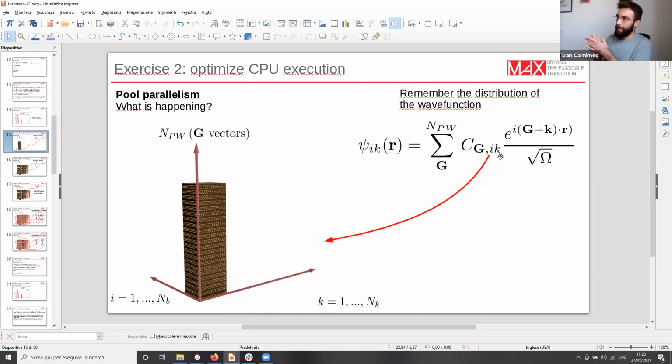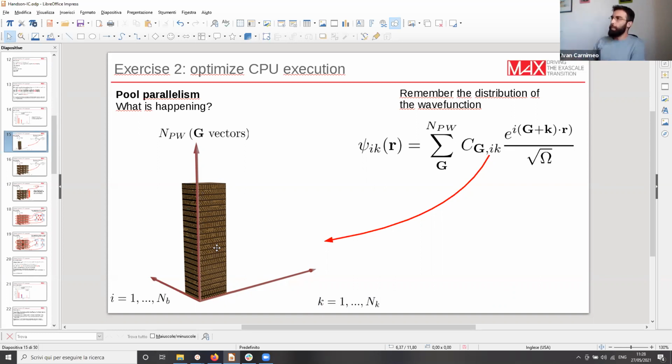So we can represent the coefficients on which our wave function is expanded in a 3-dimensional way. The longest dimension is the number of plane waves, because if you run a large system, you can easily reach 1 million plane waves. So these matrices are very tall. On the other dimensions, we find the number of Kohn-Sham states or bands and the number of K points. Each coefficient here can be seen as a point in this 3-dimensional matrix.